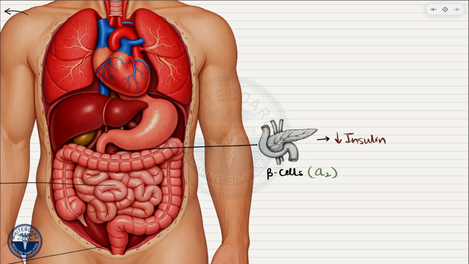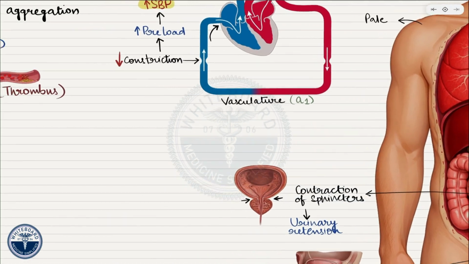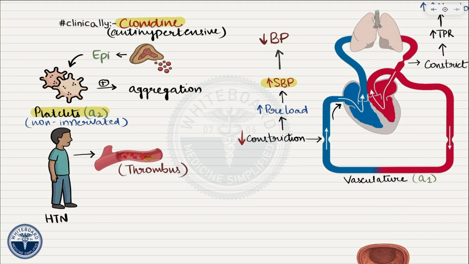Now let's think about the clinical significance of this effect. Suppose we use an alpha-2 agonist to treat a patient with hypertension. As we know, hypertension and diabetes frequently coexist, and many hypertensive patients either already have diabetes or are at high risk of developing it.